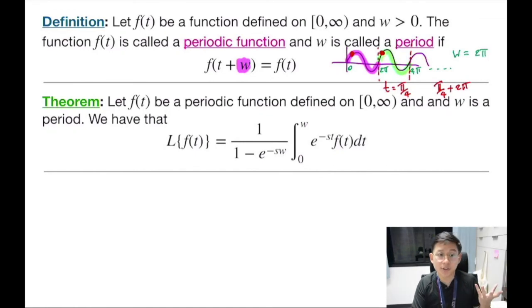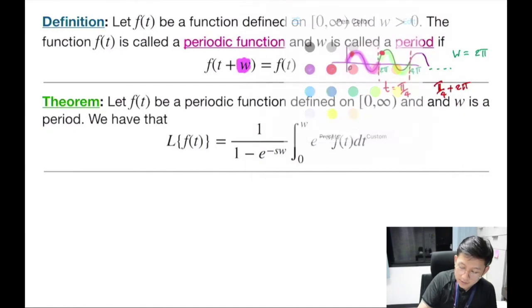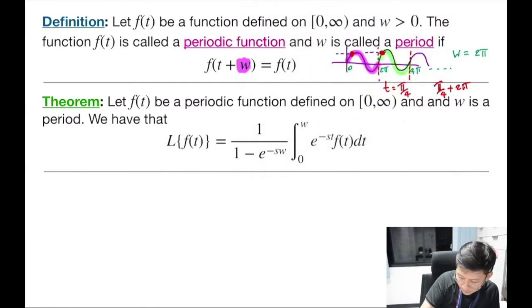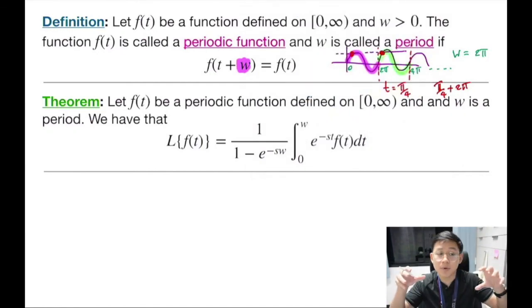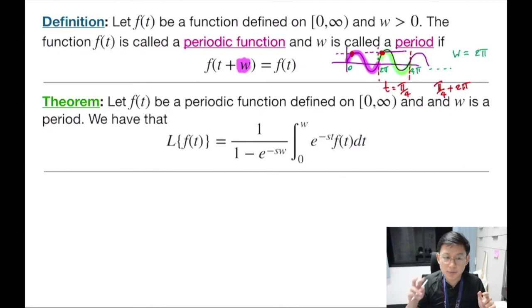And as you can see, they are exactly the same. If you look at the y-axis, they have the same value, which means that f of pi over 4 is the same as f of pi over 4 plus 2 pi, because 2 pi is the period, and f is a periodic function. Does it make sense?